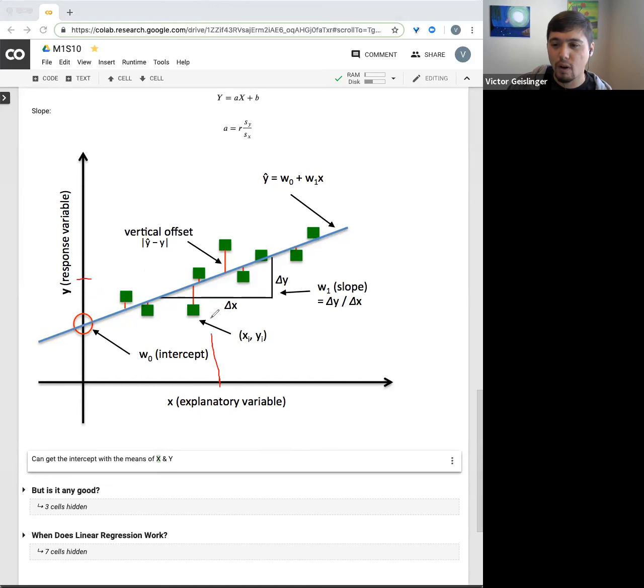Those points are always on the regression line. This will always be on that line. So essentially you can think of the regression line as basically being pivoted about the mean of X and Y.